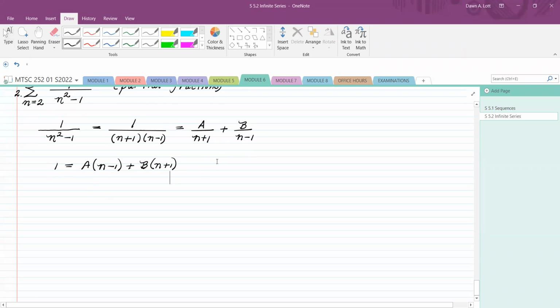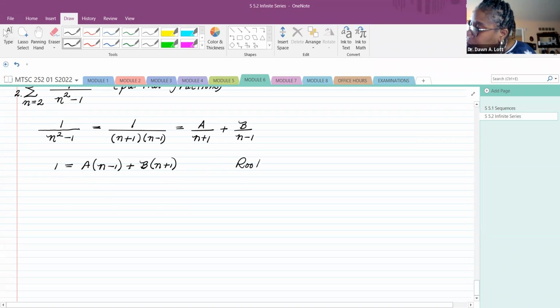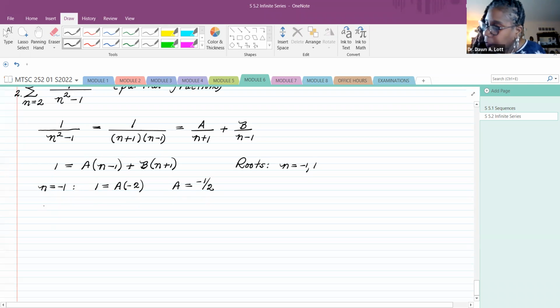Okay, so what are our roots? -1 and 1. Okay, good. So our roots are n equal to -1 and 1. If n is equal to -1, we get 1 is equal to A times -2, so A is equal to -1/2. And if n is equal to +1, we get 1 is equal to B times 2, so B is equal to +1/2.